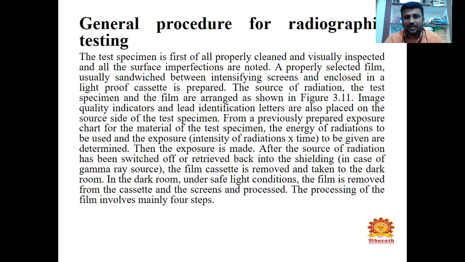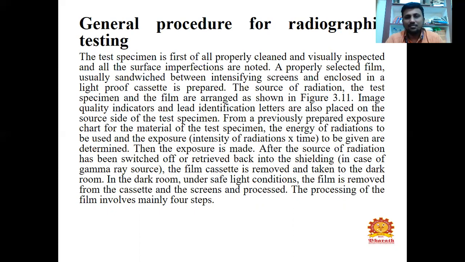The source of radiation, the test specimen, and the film are arranged. The image quality indicators and lead identification letters are also placed on the source side of the test specimen.